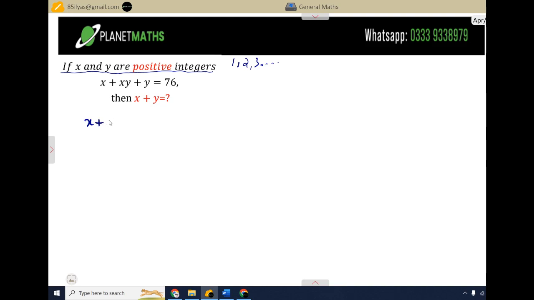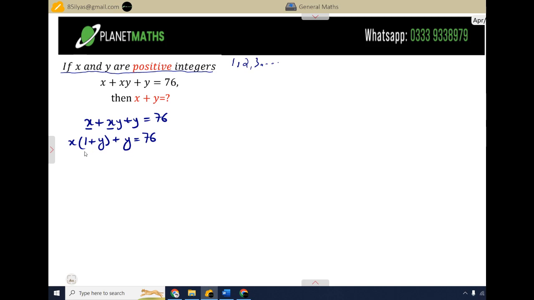x plus xy plus y is equal to 76. Okay, first take x common from these two. So from here we will get 1, and from here y will be left, plus y is equal to 76.